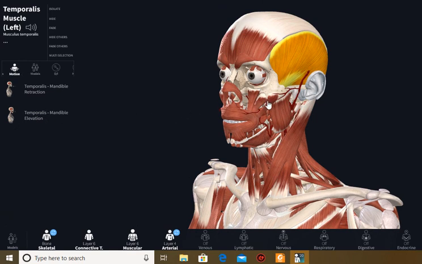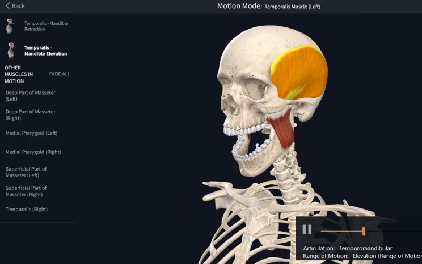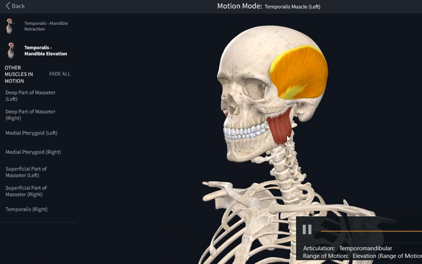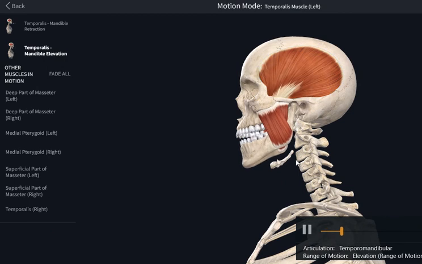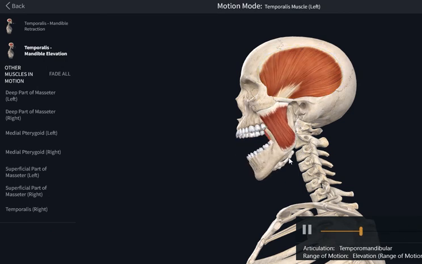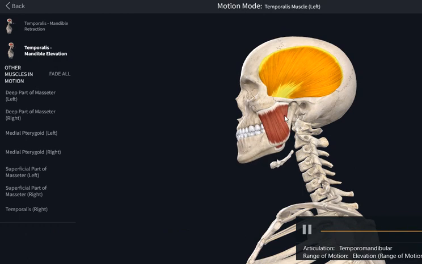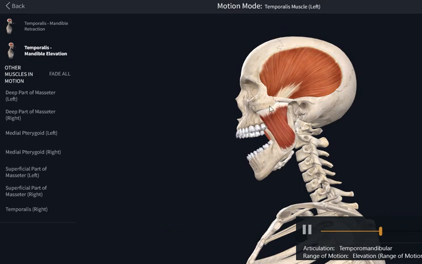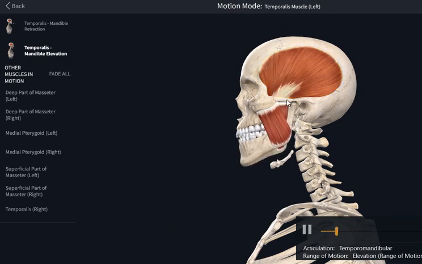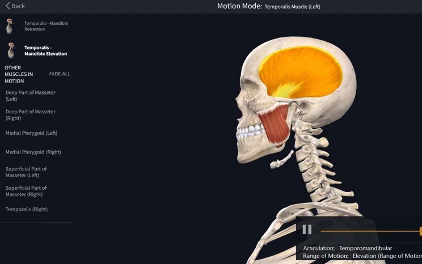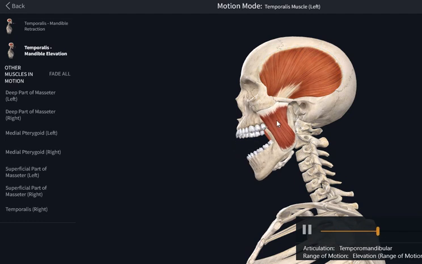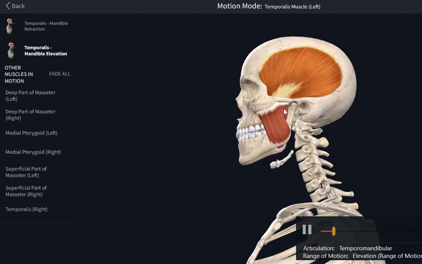When somebody is in the process of mastication, the epiglottis is going to close when the person swallows food, and also the soft palate is going to close. The soft palate closes by the use of the tensor palatini and the levator palatini. These are the two main muscles used in order to close the soft palate.